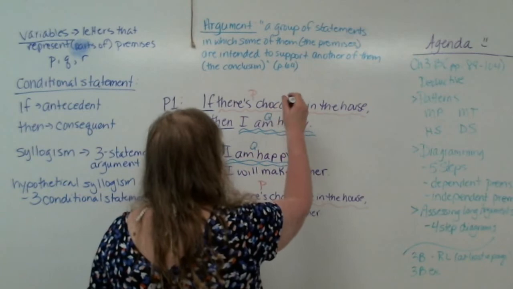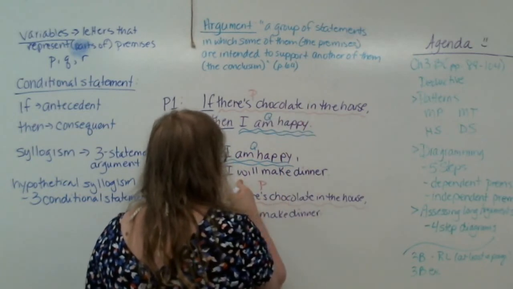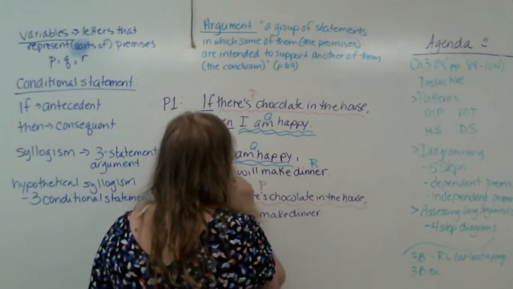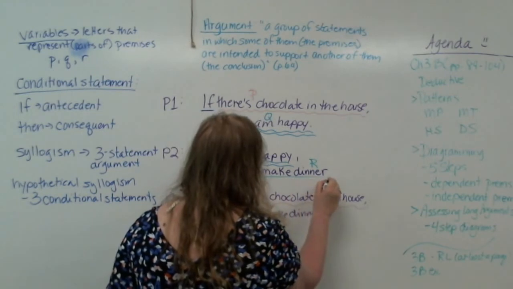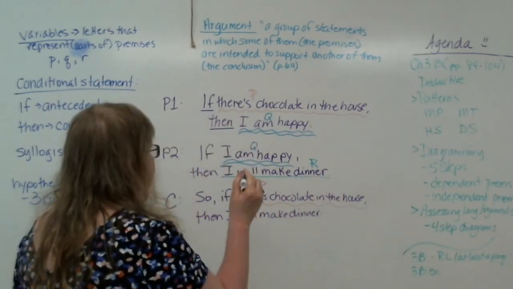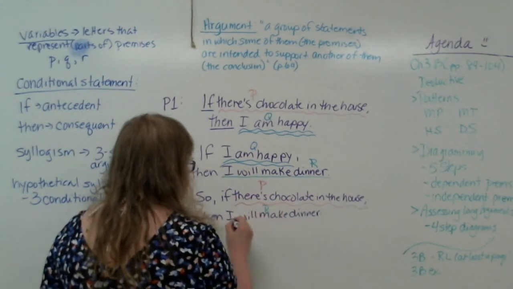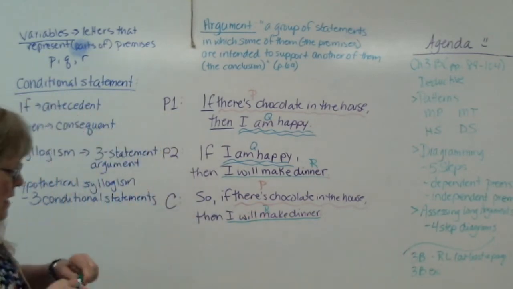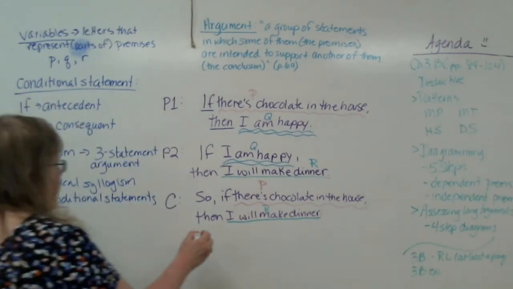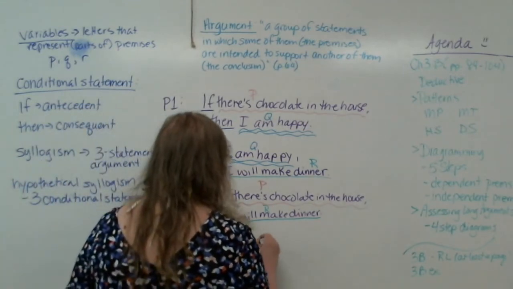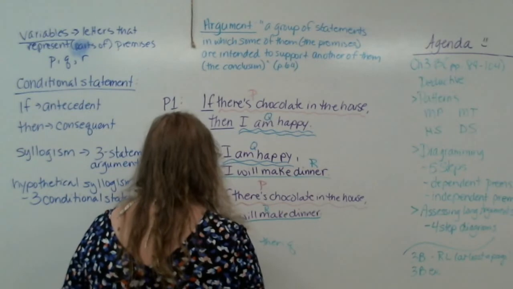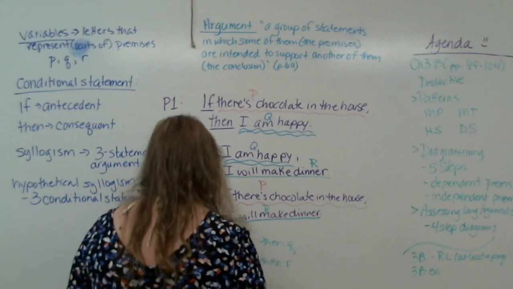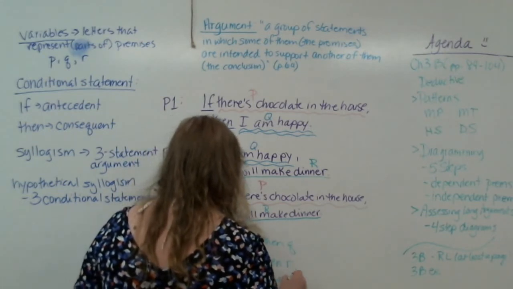I will make dinner is a new phrase, right? So I need my new, I'm going to make him a very, very straight line, okay, as opposed to 3 because I don't have space for that. Here as well, I will make dinner, okay, very straight green line. Okay, so in this way, we have then if P, then Q. If Q, then R. So if P, then R.